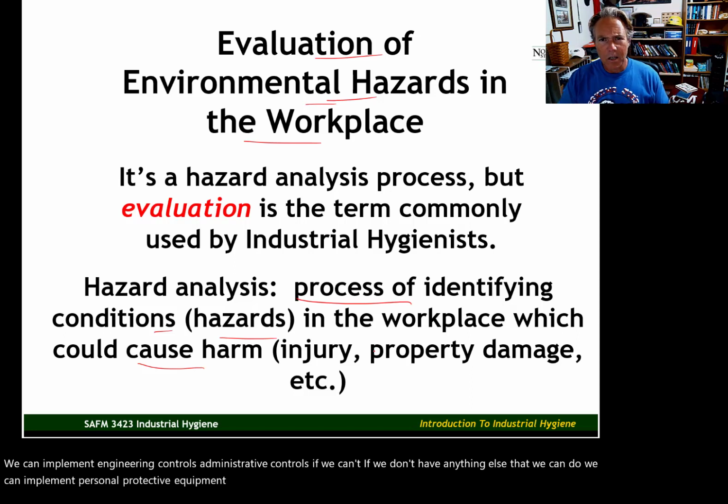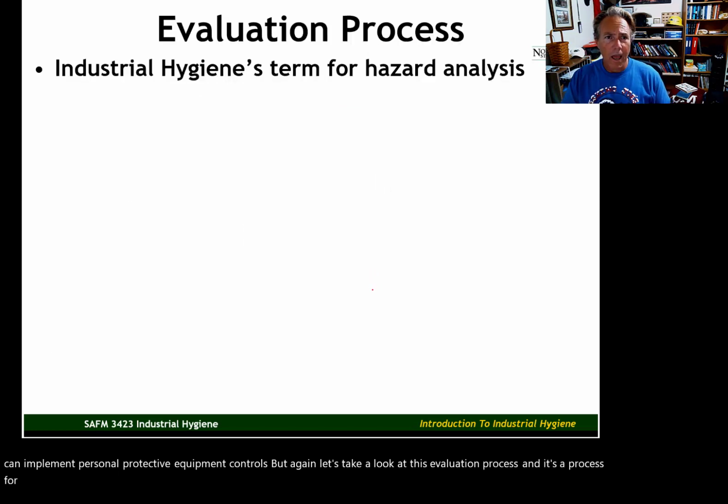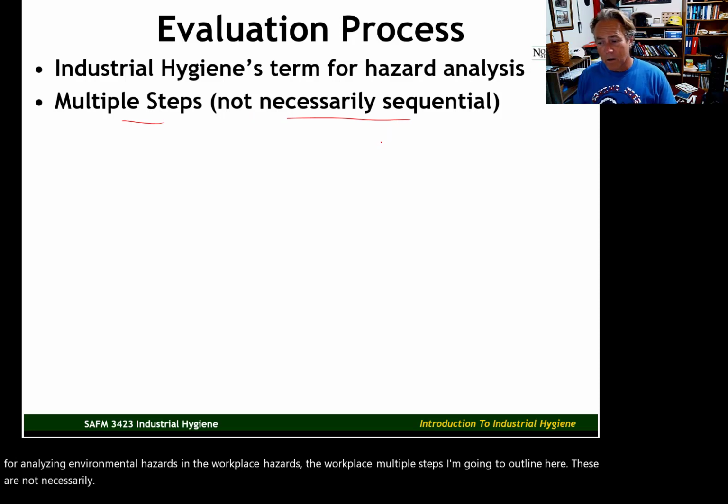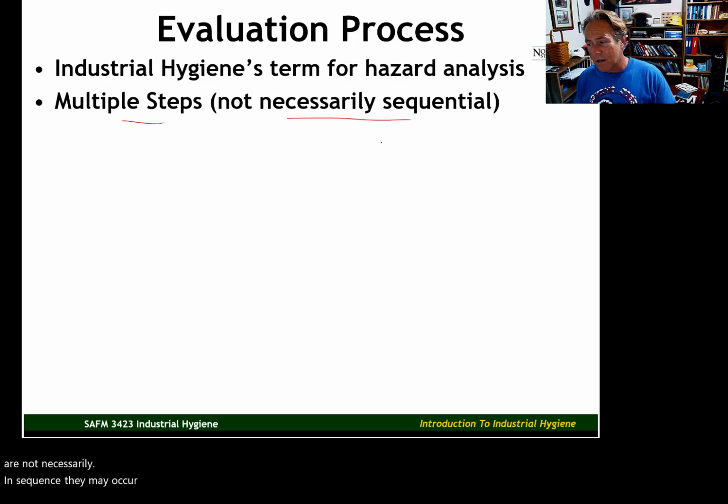But again, let's take a look at this evaluation process, and it's a process for analyzing environmental hazards in the workplace. Multiple steps I'm going to outline here. These are not necessarily in sequence. They may occur simultaneously. They may occur a little bit out of order.